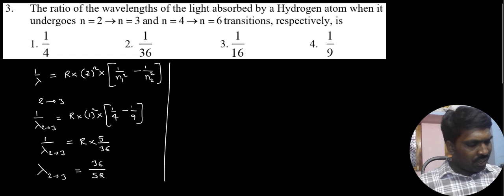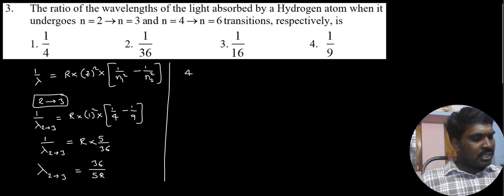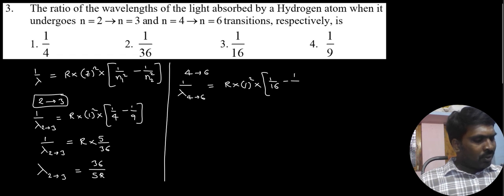36 by 5R. Now the transition 4 to 6. 1 by lambda 4 to 6 equals R into 1 square into 1 by 16 minus 1 by 36.